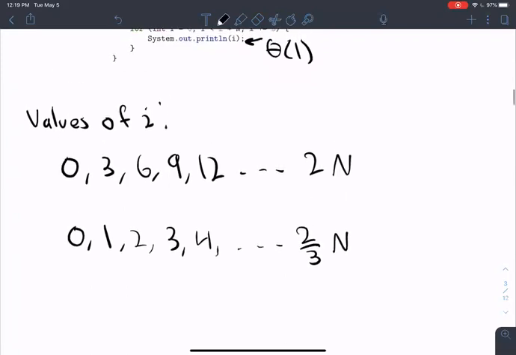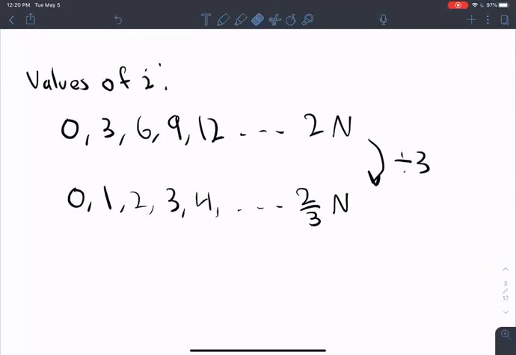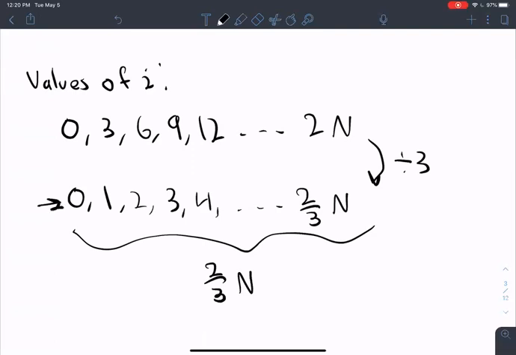We note that this is a pretty easy number of terms to count because it increases by 1 every time, and we start at 0 and we end at 2n over 3. So the total number of terms here is just 2/3 n, maybe plus 1 because of the 0, but we can ignore that, because a difference of 1 isn't going to make any difference at all in terms of the runtime.